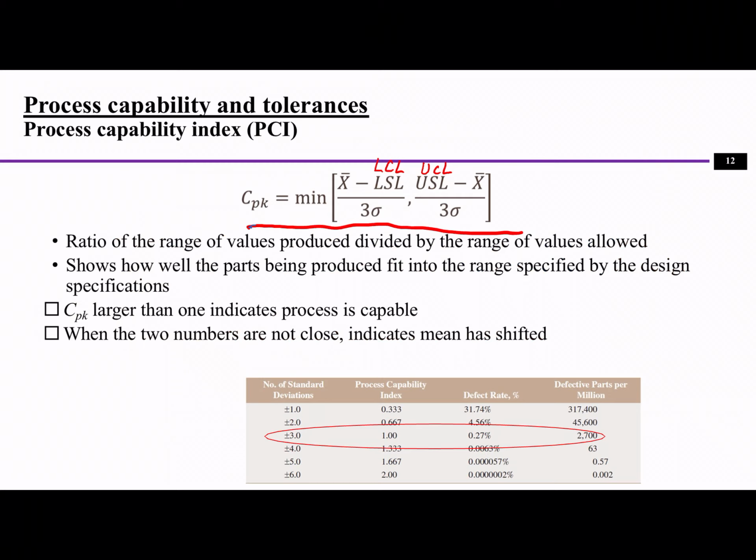Make sure you know what is supposed to be from the design and what is supposed to be from the actual process we're doing. CPK larger than 1 indicates the process is capable. When the two numbers are not close, it indicates the mean has shifted, right? Meaning if this number and this number are different, the mean is shifted.